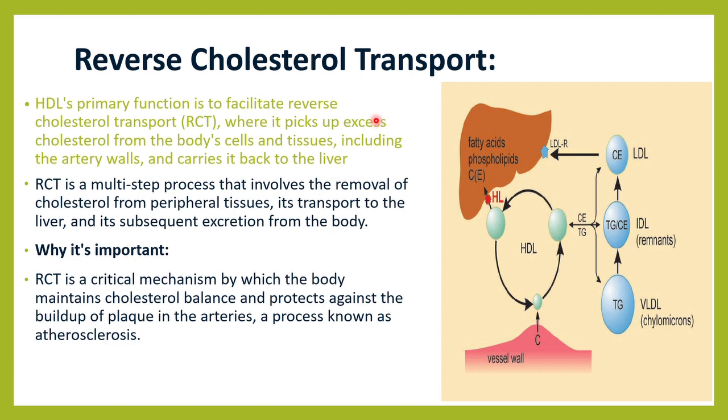So let us start to analyze what is the main function of this HDL. So remember, HDL has two very important roles. One is the reverse cholesterol transport and second is the anti-inflammatory action of this HDL. Both of these prevent atherosclerosis.